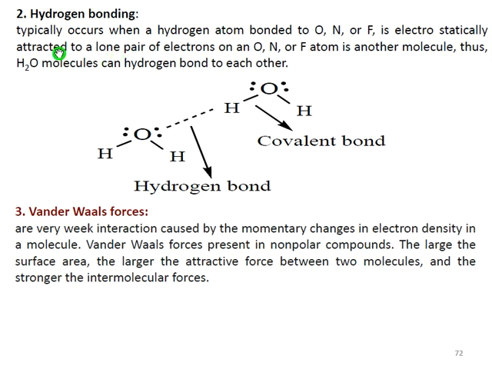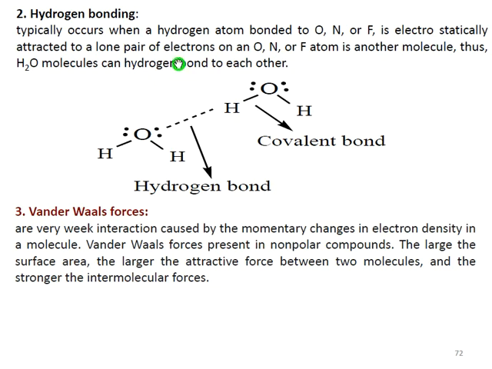The second type is the hydrogen bond. It typically occurs when a hydrogen atom bonded to nitrogen, oxygen, or fluorine is electrostatically attracted to a lone pair of electrons on the oxygen, nitrogen, or fluorine atom of another molecule.